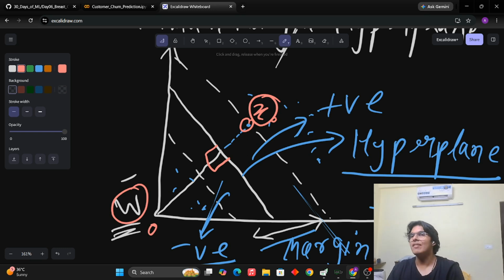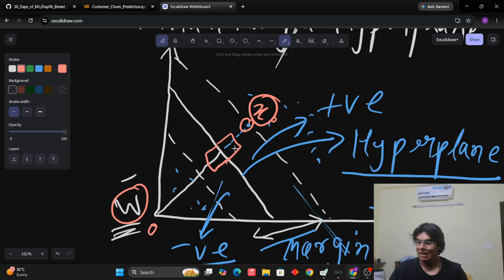All the shortest distances from the hyperplane are perpendicular to it, meaning that the distance from x naught, if we want it to be the shortest, also needs to be perpendicular to the hyperplane.